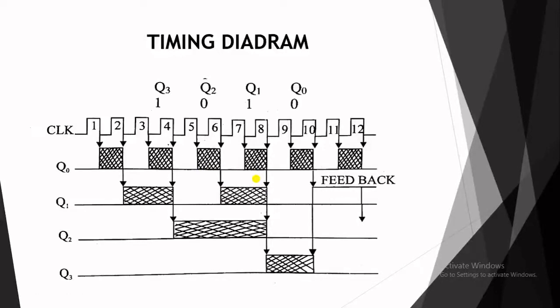But at the 10th pulse the output of the counter would be 1 0 1 0, which will enable the AND gate, and a high clear pulse will reset the flip-flops to 0 0 0 0. So you can see that after the 9th pulse, at the 10th pulse, the output will be 0 0 0 0. This is the timing diagram of the decade counter.